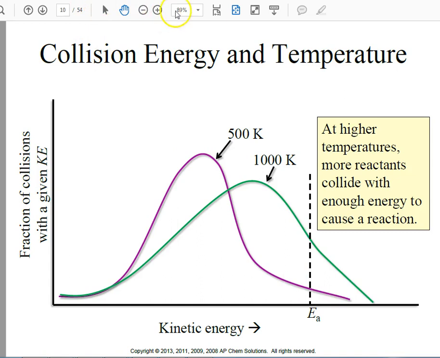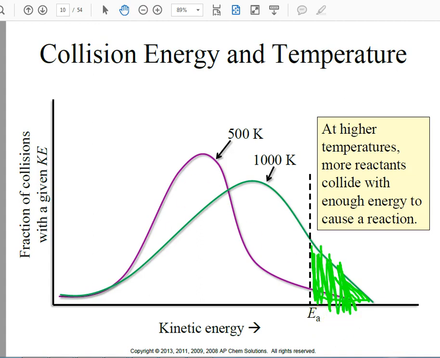However, if we increase the temperature to 1,000, now we have all of these particles to the right of the activation energy that are capable of reacting. So you can see with a doubling of our temperature, we get a lot more particles that are capable of reacting or have enough energy to react.